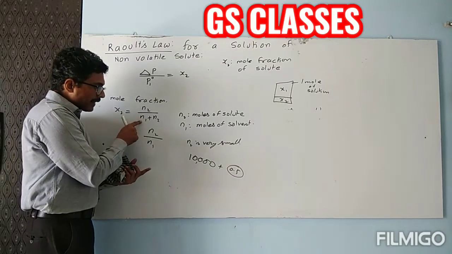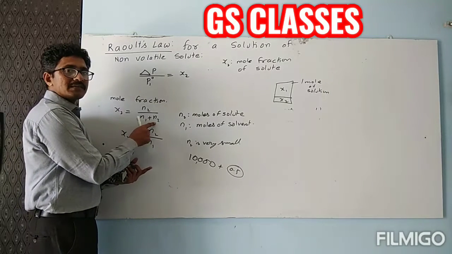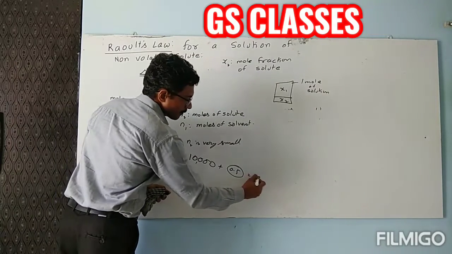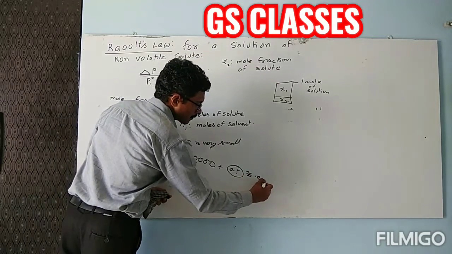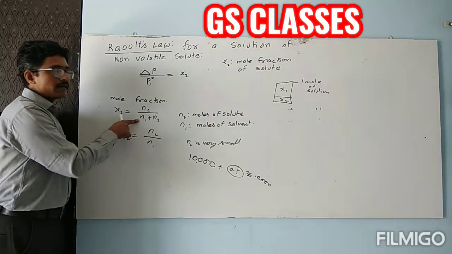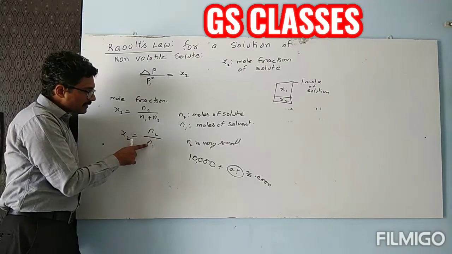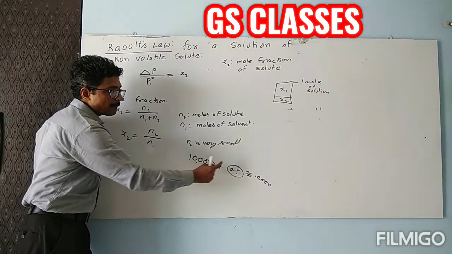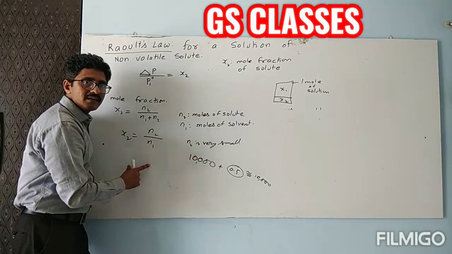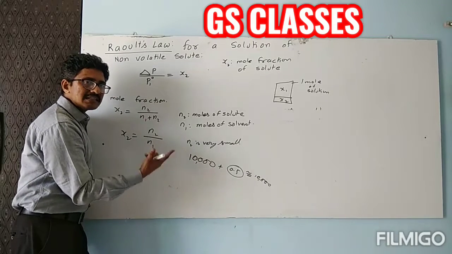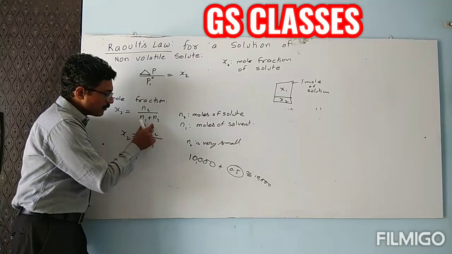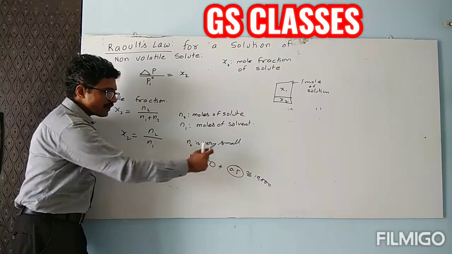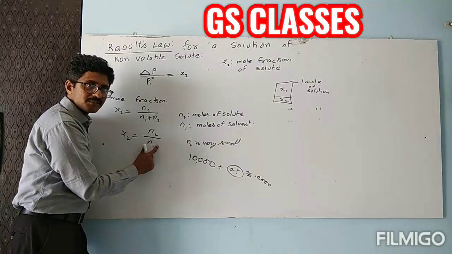So 10,000 plus that 50 paisa is approximately 10,000 only. Henceforth, we are keeping it as N1, because your answer will remain approximately the same when you put 10,000.